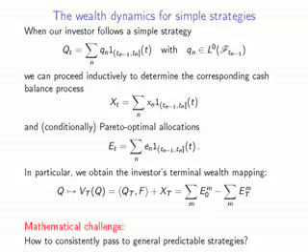Of course, a dual way to view this is that we can say whatever the investor has in the end, it must have come from the market makers. So if these had that amount in the beginning and that amount in the end, then the difference between the two should be what has gone to the investor. And this is one way to specify the wealth dynamics, at least for simple strategies.